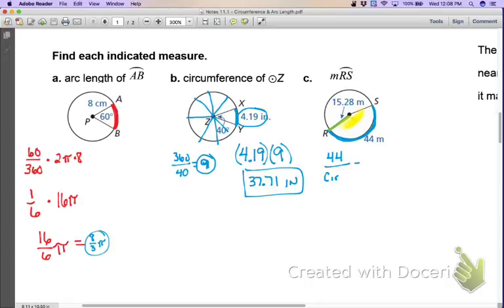Well, what's the circumference of the whole circle? Or how do we find that? 44 is the part. The circumference is all the way around. We want to know the partial angle as opposed to the full angle of the whole circle. So how do we find the circumference of the circle?